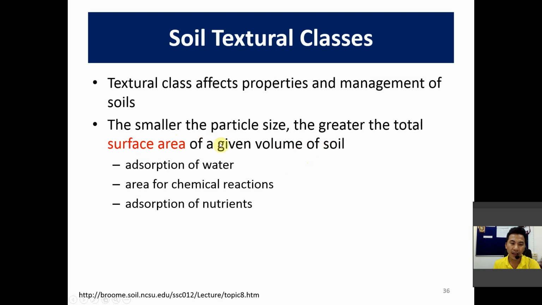With higher specific surface area, you probably have a lot of small particles, like a lot of clay-size particles, and that gives you much more ability to absorb water, to absorb chemicals, or provide space for chemical reactions, and of course absorb nutrients that are really important for plant growth.